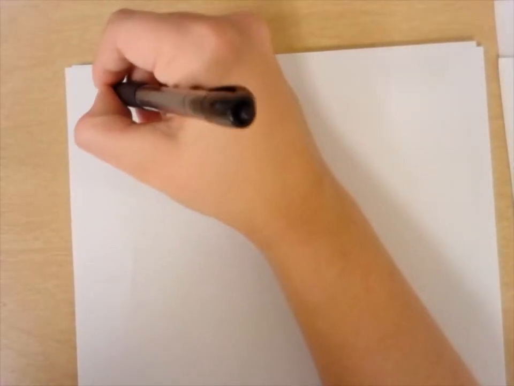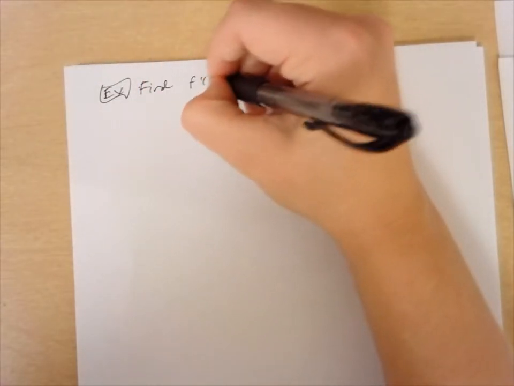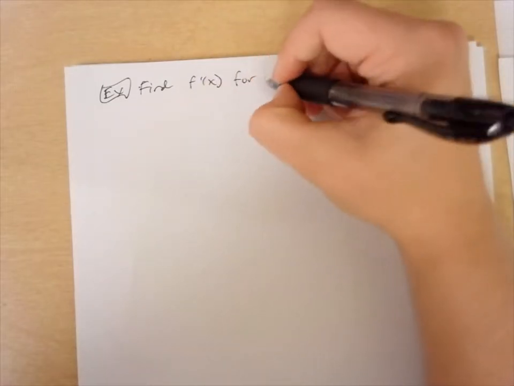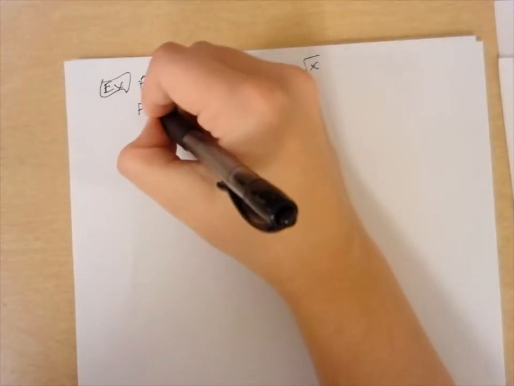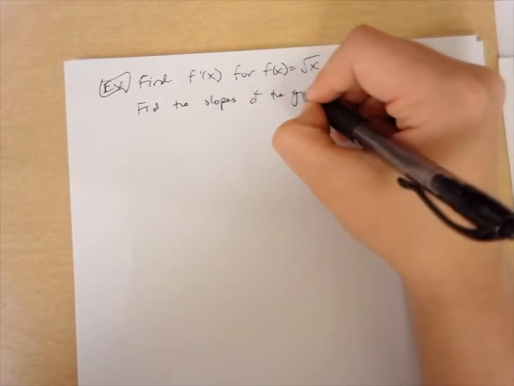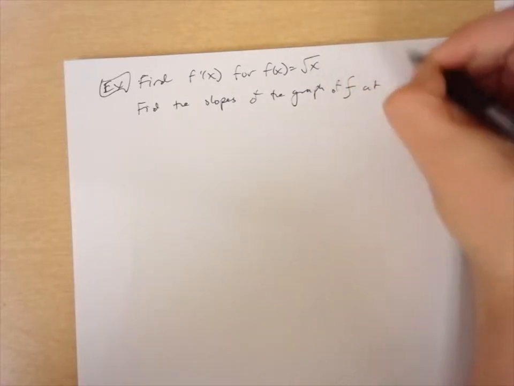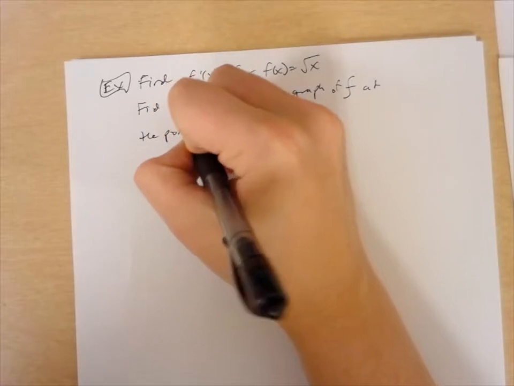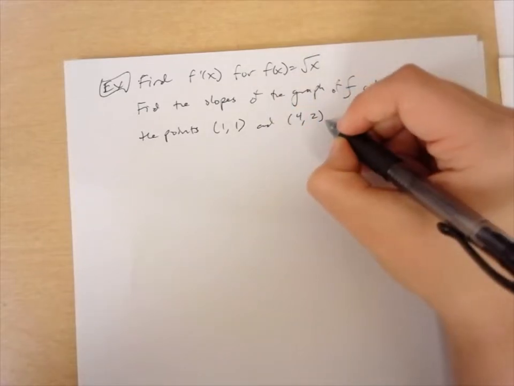Let's use this to find some information. So, say we are given the example, find f prime of x, find the derivative for the function f of x equals radical x, and then we want to find the slopes of the graph of f at the points (1, 1) and (4, 2).